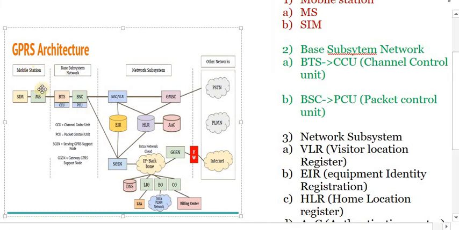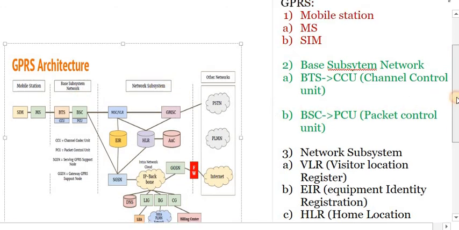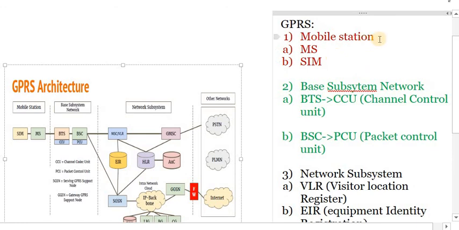The first is the mobile station, the second is the base subsystem network, and the third is the network subsystem. The mobile station is made up of two entities. The first is the mobile equipment, ME, and the second is the SIM. Mobile equipment is just like your smartphone device in which the SIM is not installed.